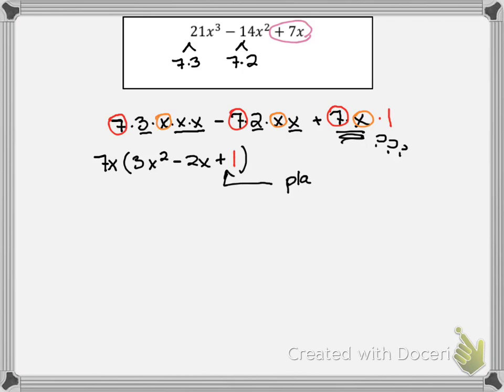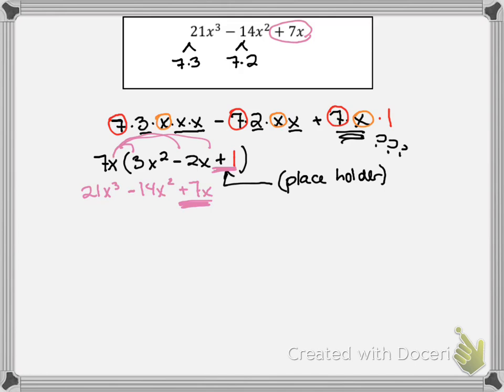Again, this 1 is acting as a placeholder so that when I go back and check my work and redistribute this, I get 21x cubed minus 14x squared plus 7x. If this 1 wasn't there, then I would have lost this 7x term. So it seems trivial, but you really need to make sure you remember that that 1 is there.